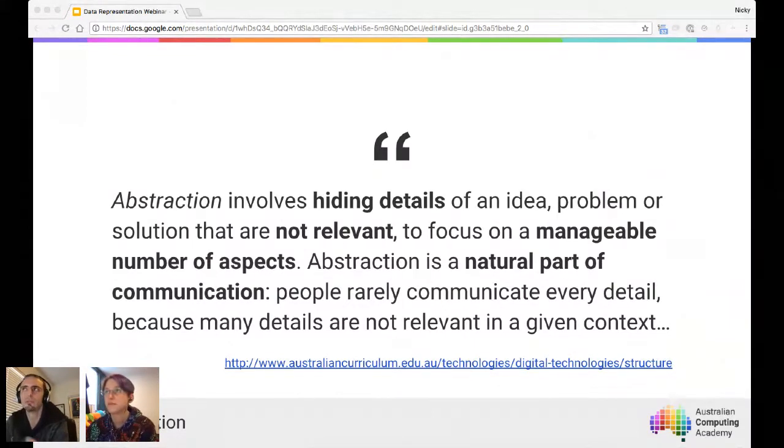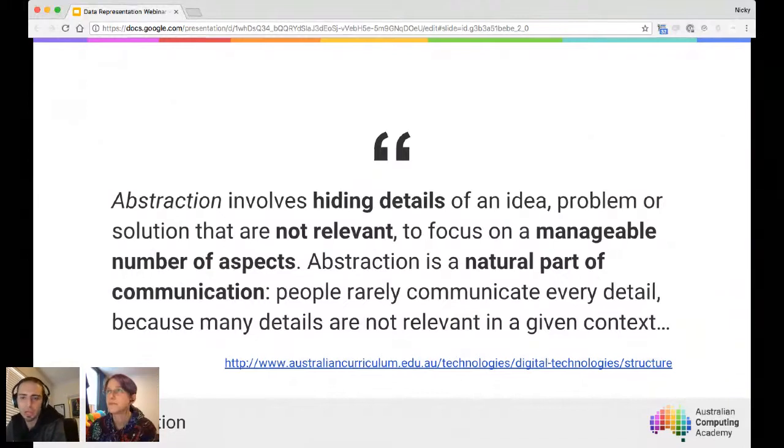It presents itself through data representation, through algorithms and through the implementation of digital solutions. So we're going to talk very briefly about abstraction here, but we just want you to know that it's a concept that ultimately is going to allow you to determine the level of detail that you're going to be discussing these things with students at, and exactly how that progression from foundation up to year 10 will look.